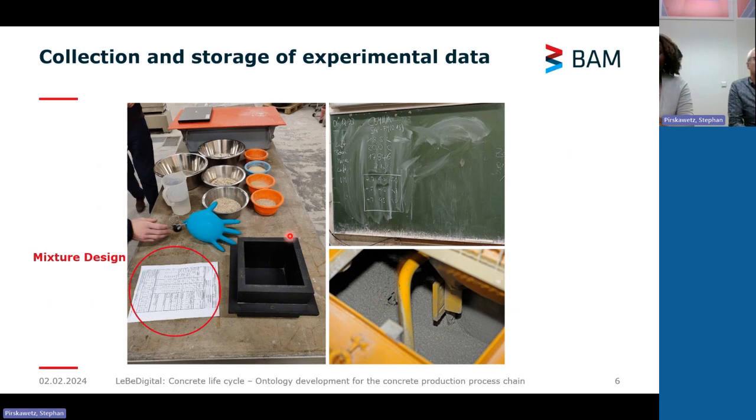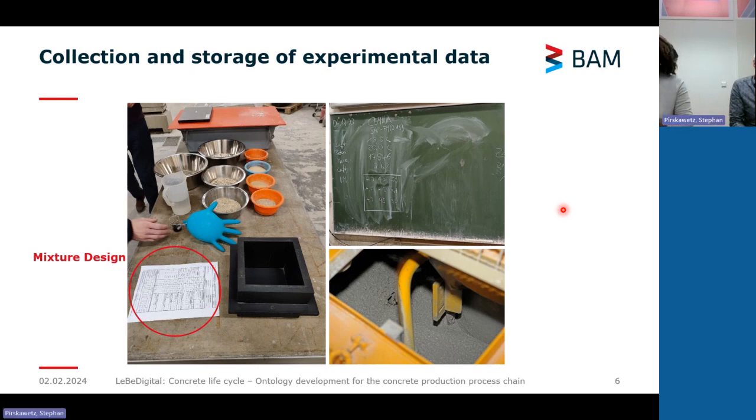a form or a mold for the concrete. Then what happens is that we mix the concrete, and then before putting it inside the form, there are some characteristics, some tests that need to be conducted to see if the concrete is in good health, I would say.